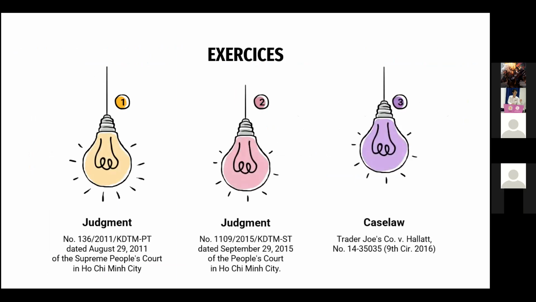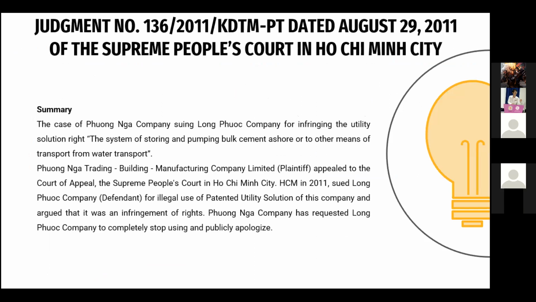Exercise 3. Firstly, analyze Judgment No. 113 of 2011 of the Supreme People's Court in Ho Chi Minh City, about Phương Nga Company suing Long Phước Company for defending the right of the utility solution, assessing the Genpost system.